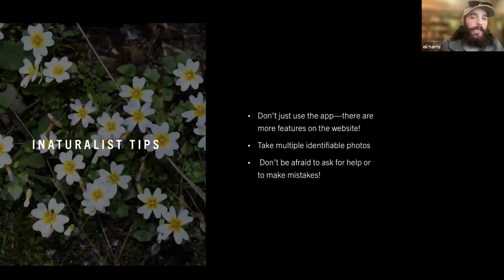Please take multiple identifiable photos and use the tips that I said in the presentation. Those tips will really do you good when you post on iNaturalist because you'll have more success in getting your species identified. And the most important thing is don't be afraid to ask for help or to make mistakes.